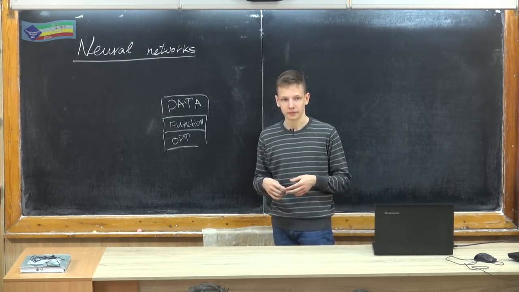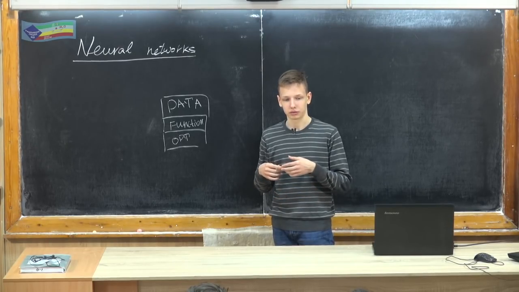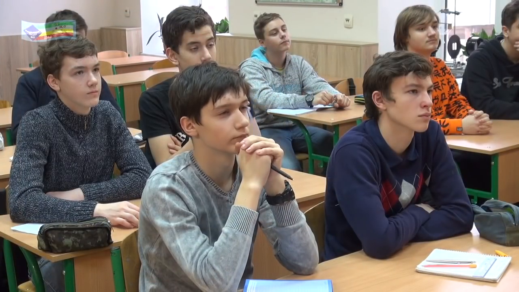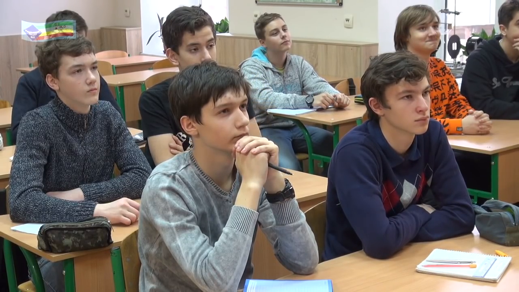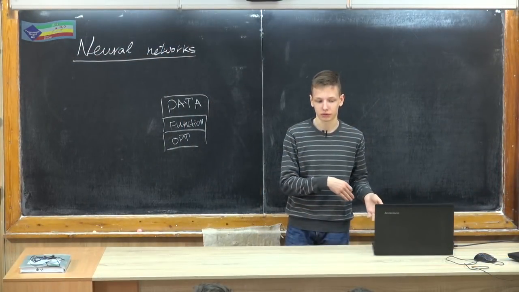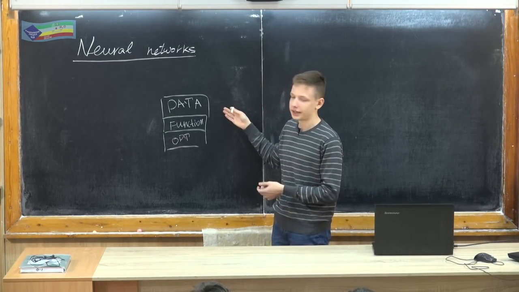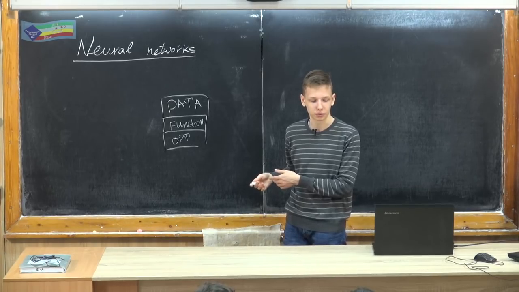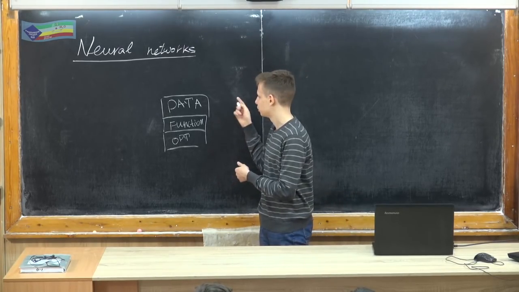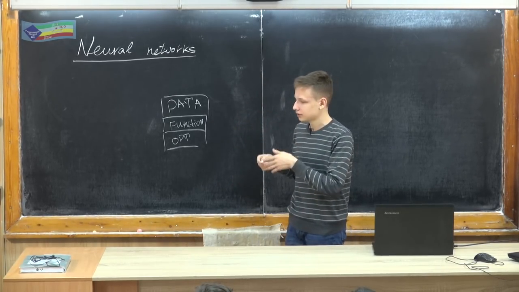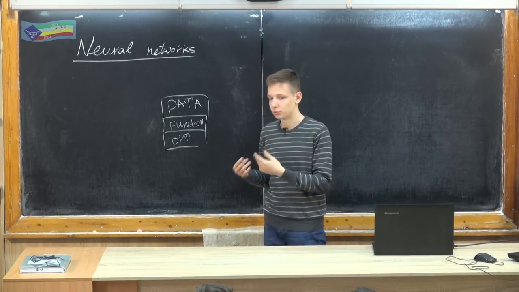For example, we can talk about poker. In poker, you have a hand of cards, and you, for example, want to know how winning this hand of cards is. And in that case, you can just play a bunch of games of poker and write down all your hands, and then write down if you win or lose.